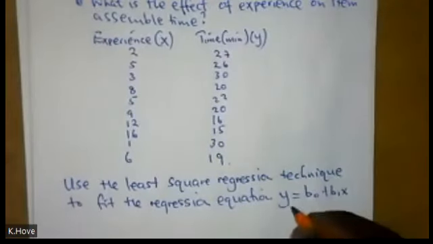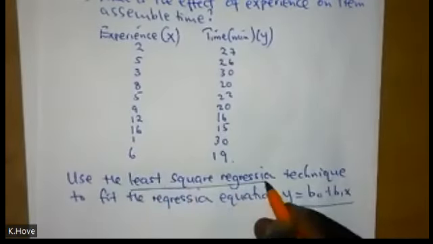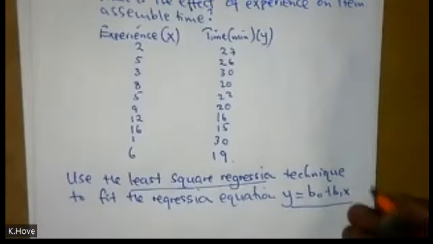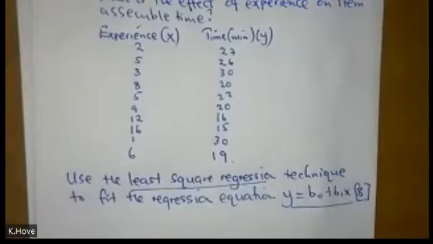So this is the equation that you are required to fit using the least squares regression technique. You know, normally such a question would have up to 8 marks or so, or even more. So how do we go about it?